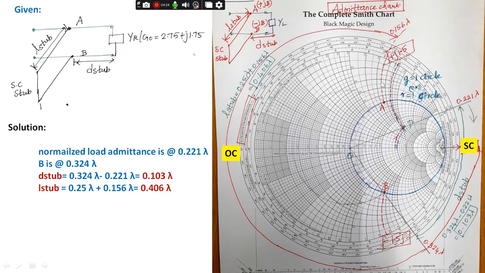Point A is available here, the extended version available here. From the short circuit, we have to move clockwise to find the length of the stub. Between the short circuit and open circuit, we have moved a distance of 0.25 lambda, plus we have to add this particular wavelength to find the length of the stub. So the distance and length of the stub is our desired answer.